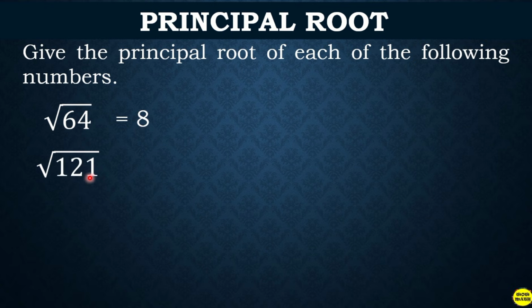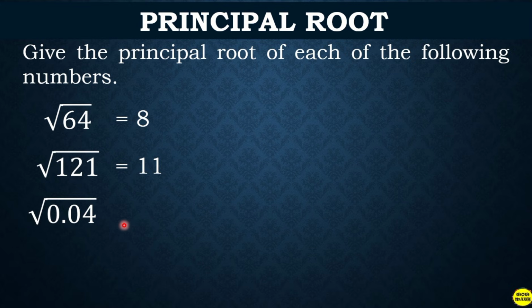Okay, next. Square root of 121, this is also a perfect square, so that is 11. 11 times 11, multiplying it by itself, we will result to 121. And then next, square root of 0.04. Paano kapag may decimals tayo? Same procedure. So, 4 is a perfect square, right?